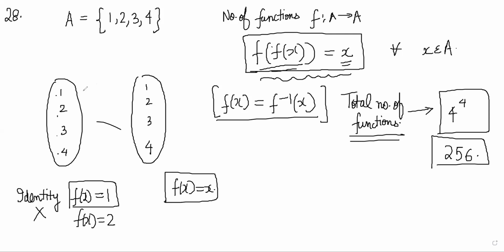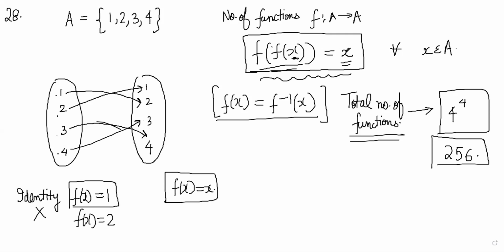Okay, so you can construct functions like 1 is going to 2 and 2 is going to 1, right? And 3 is going to say 4 and 4 is going to 3. If you think of this function for x is equal to 1, what happens? f of 1 is 2 and f of 2 is 1, right?